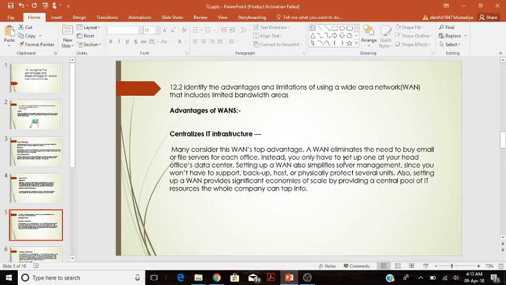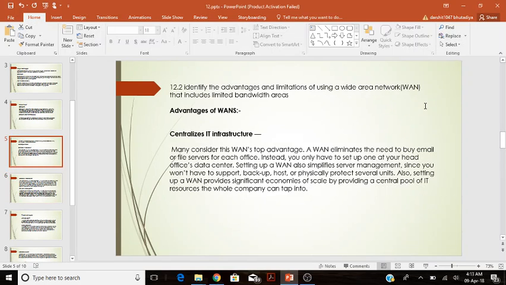Instead, you just have to set it up at your head office data center. Setting up a WAN also simplifies server management, since you won't have to support backup or host physically protected server units. Also, it provides significant economy of scale by providing a central pool of IT resources the whole company can tap into.